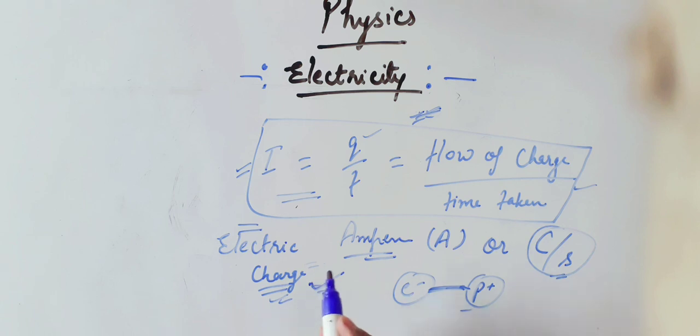Okay guys, by convention, there are two types of electric charges. One is positive charge, another is negative charge. It is by convention because no one has seen that.